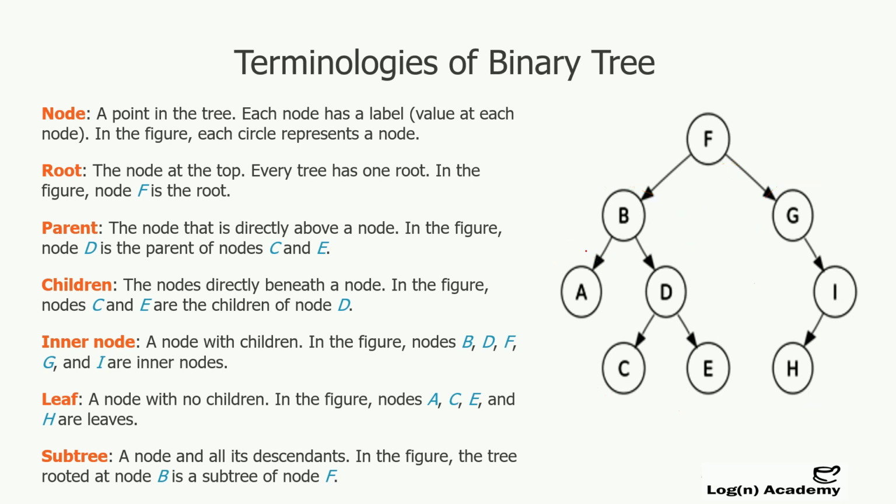Likewise for B, this structure is a subtree of B. For G, this structure is a subtree of G. So a subtree is a node with all its descendants.